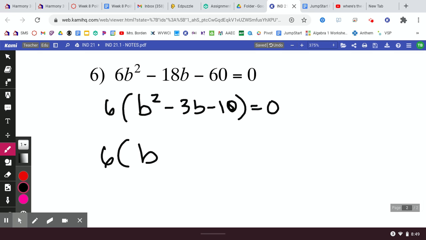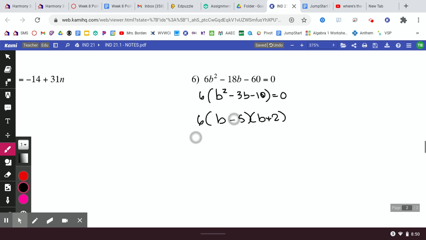My winning factors here would be 5 and 2, and the 5 would be negative. So -5, +2. I literally took a giant problem that would have taken 5 minutes to solve, and just by factoring out the greatest common factor, I saved myself all that work and got a nice basic quadratic. So when you can, that's why looking for the greatest common factor helps you.